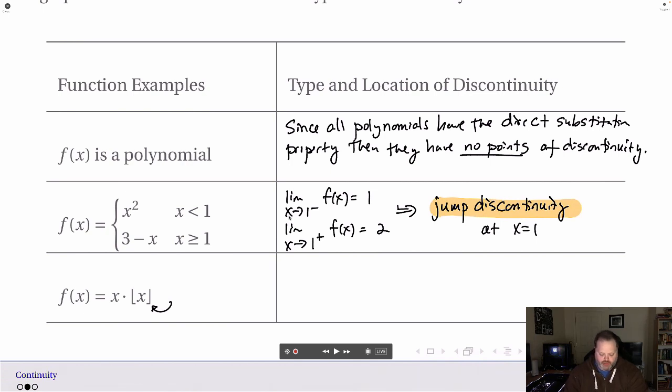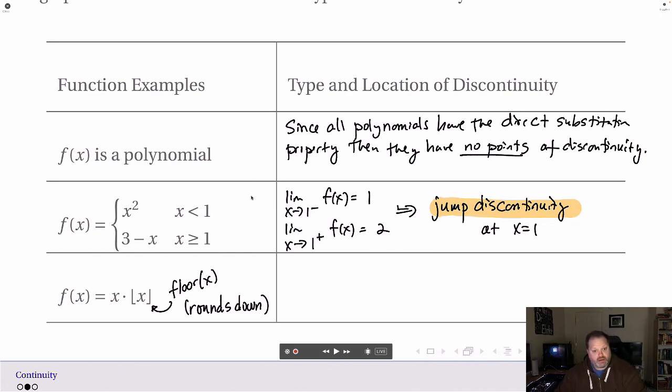It's probably a new notation for a lot of you. It's called the floor of x, which basically is the function which rounds down. So the floor of 2.2 is 2. The floor of 2.01 is also 2. The floor of 2.9 is 2. It always rounds down to the nearest integer value.